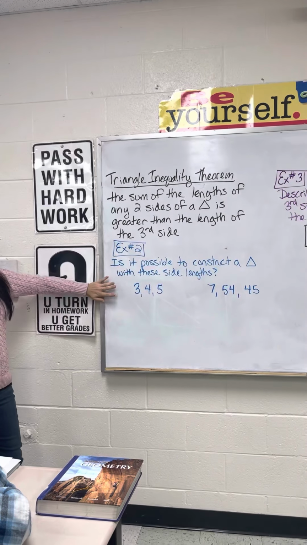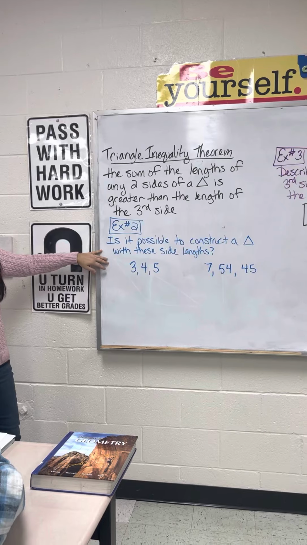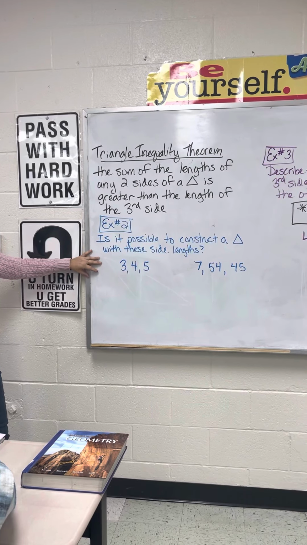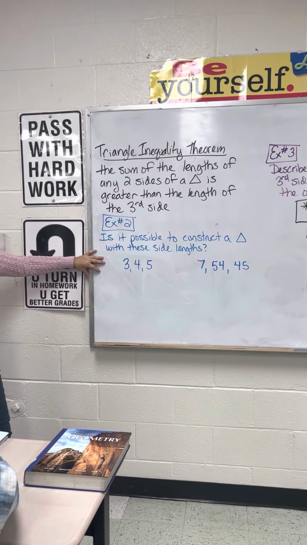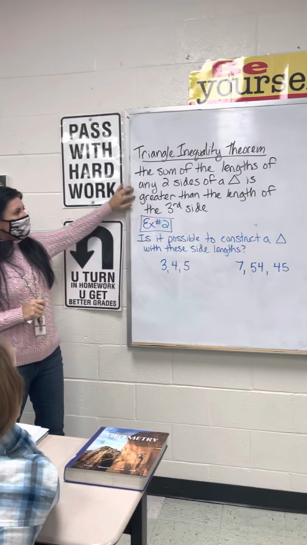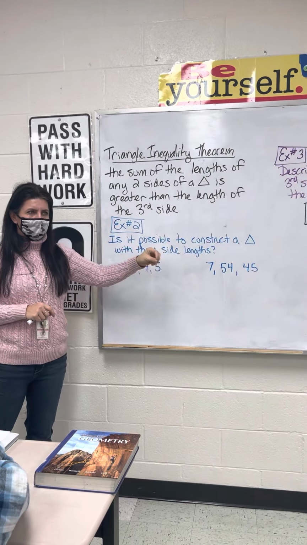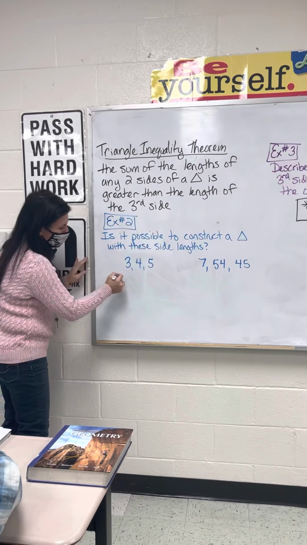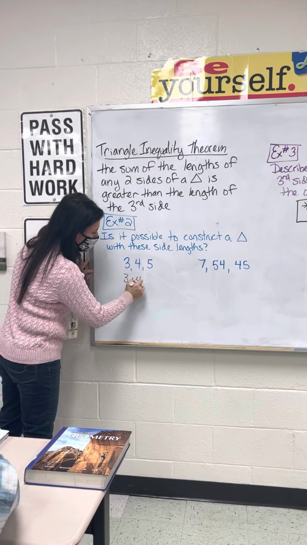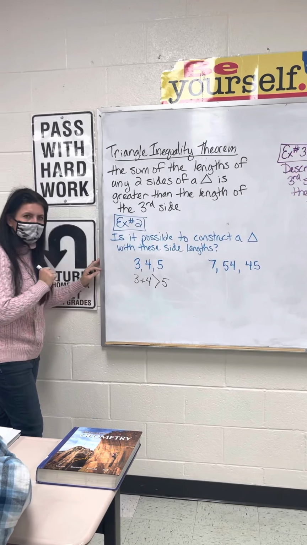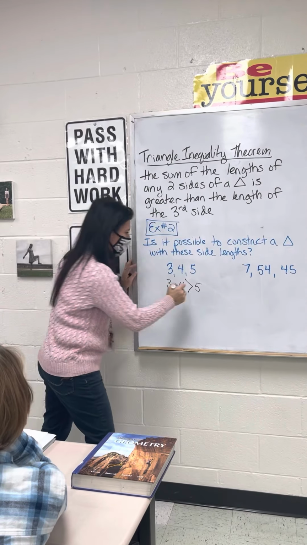The first way is to see if the triangle exists. This is the first kind of example. It says, is it possible to construct a triangle with these side lengths? What this says is you add any two sides, and it has to be bigger than the third side. Using this as an example, is 3 plus 4 bigger than 5? Is that a true statement? Yes.